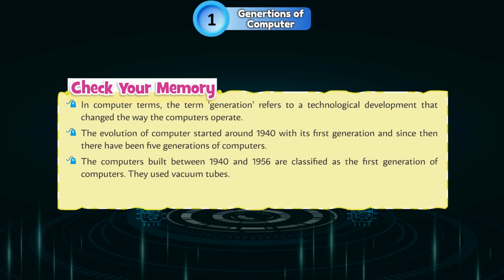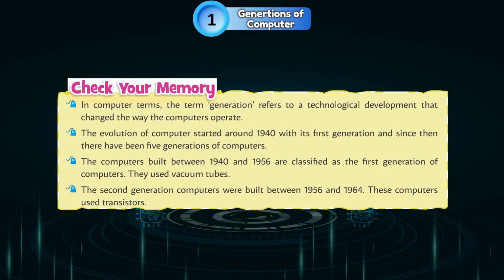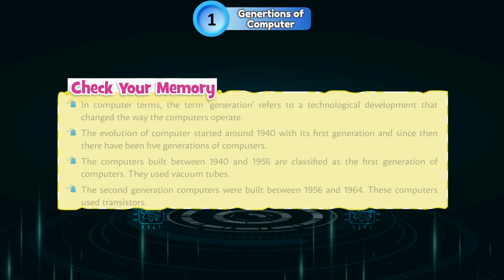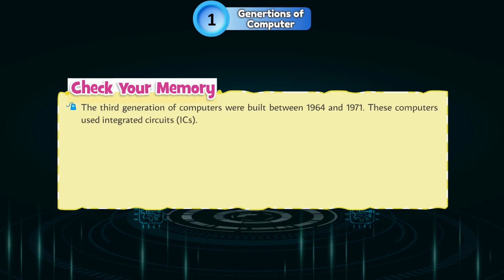The computers built between 1940 and 1956 are classified as the first generation of computers. They use vacuum tubes. The second generation computers were built between 1956 and 1964. These computers use transistors. The third generation of computers were built between 1964 and 1971.